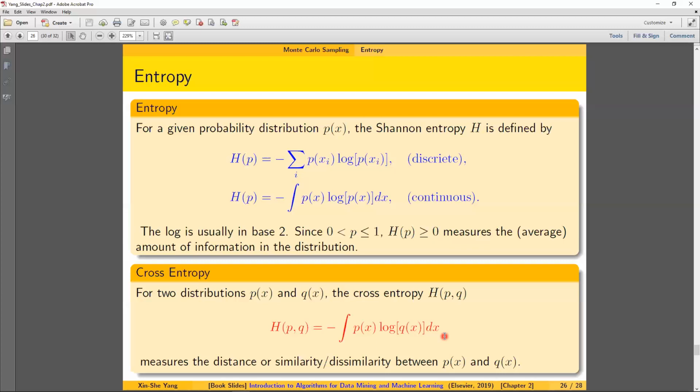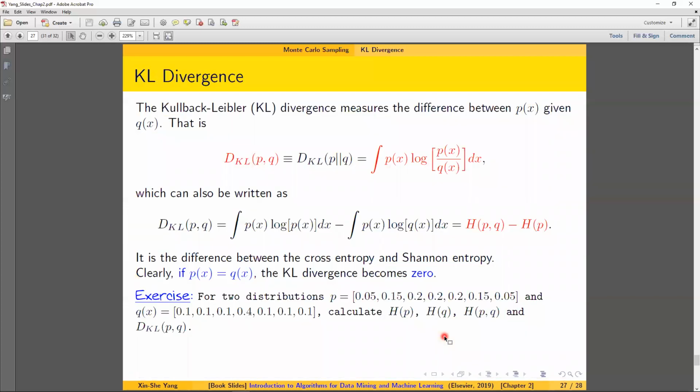Okay, we can discuss this in further detail, with more examples on Shannon entropy. One definition here is something called KL divergence, which is the difference between those two distributions P(x) and Q(x).